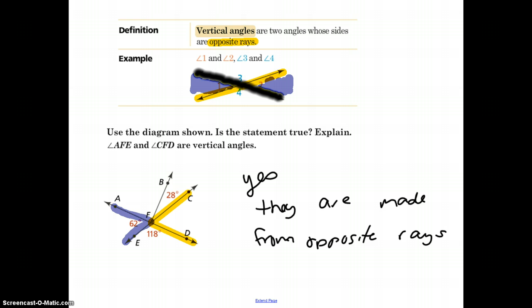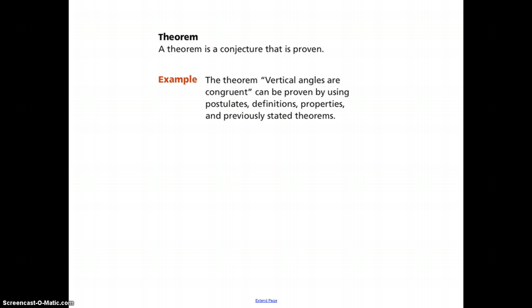Awesome. Now, let's talk about some theorems. A theorem is a statement that is proven. Alright, there's your big difference between that and a postulate. A postulate is not proven. A theorem is proven. And we can prove things like there's a theorem called vertical angles are congruent.